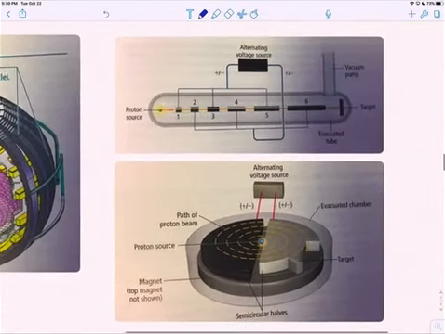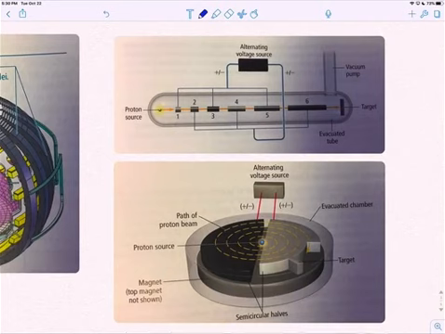Other things. So there's particle accelerators. The book talks a little bit about particle accelerators. The top here is a linear accelerator. Basically you have a proton source, and by taking some plates, you excite the proton, and it speeds along in a linear fashion and gets really fast.